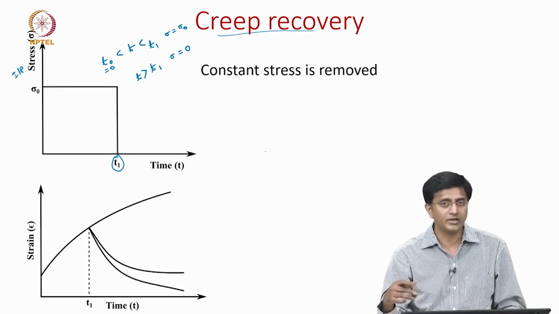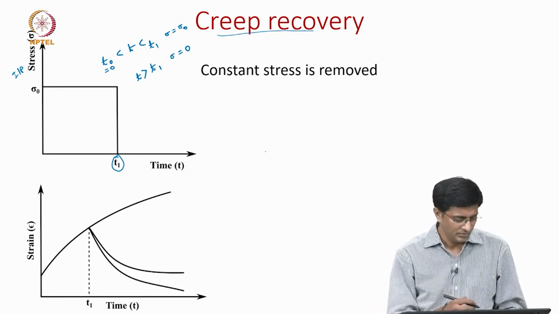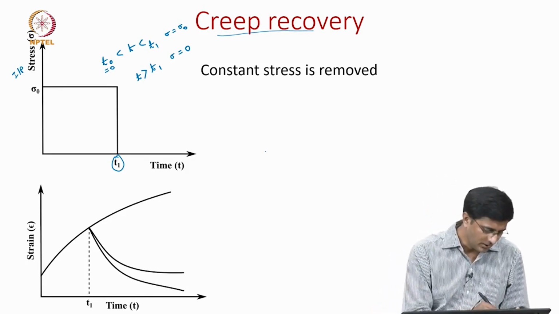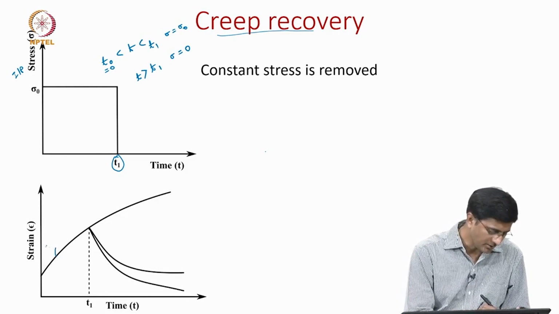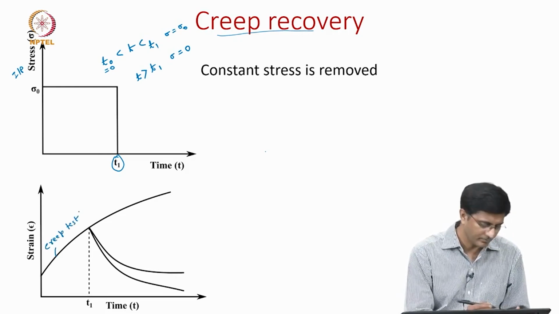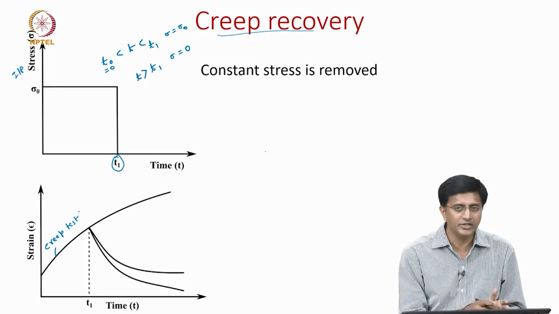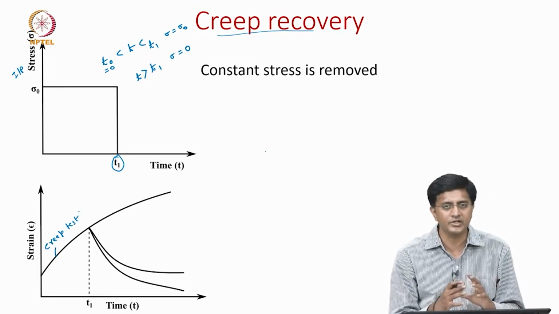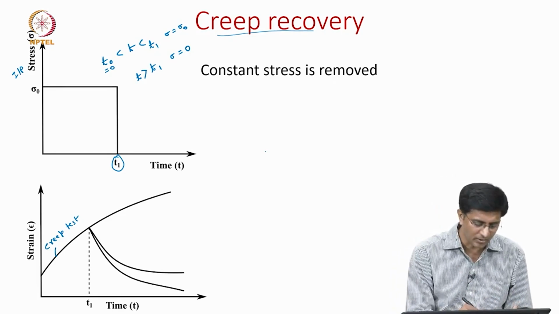Now, let us see how the response is. So, initially this response is very close to a creep test. So, since we are at the initial portion, it does not matter whether we are discussing about the thermoplast or the thermoset, because depending on if it is a thermoplast it keeps increasing, but if it is a thermoset it reaches a constant value.